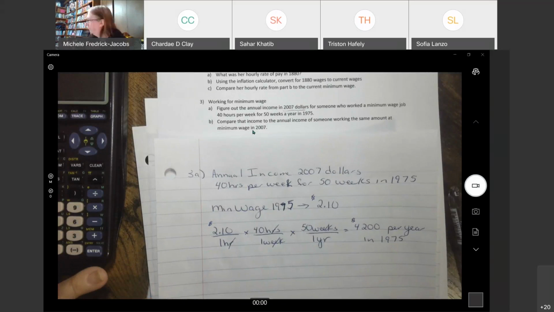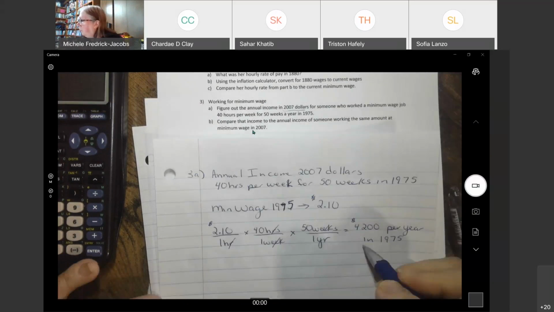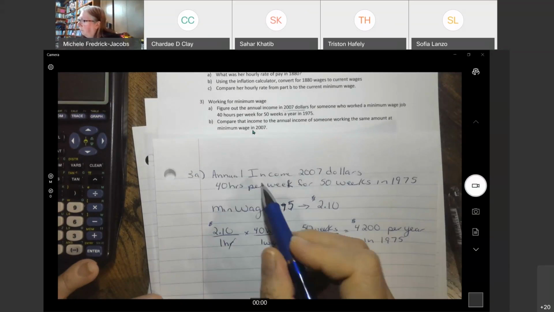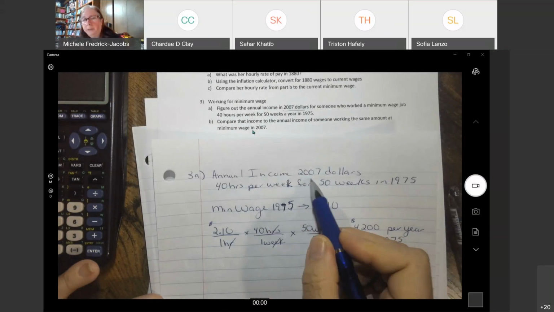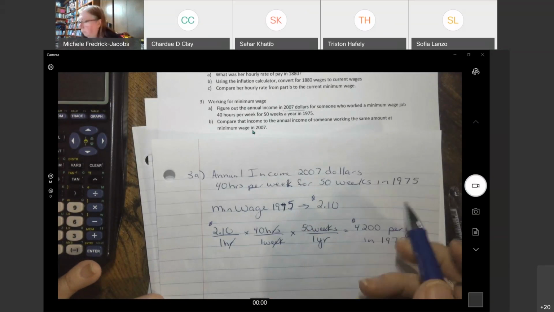Yeah, I got 4,200. We're making $4,200 per year in 1975. We want to find out what that is in 2007 dollars. So use your inflation calculator.